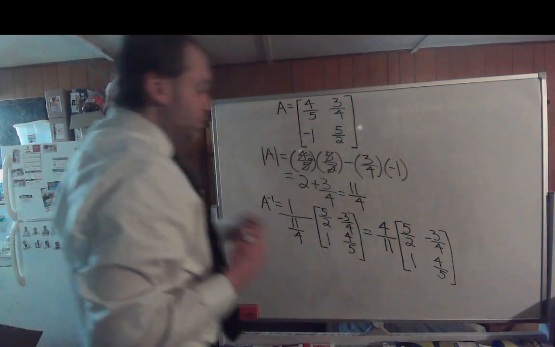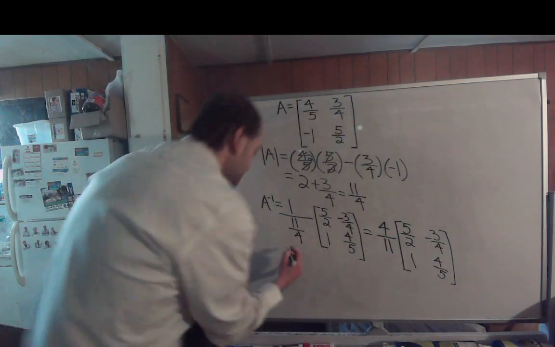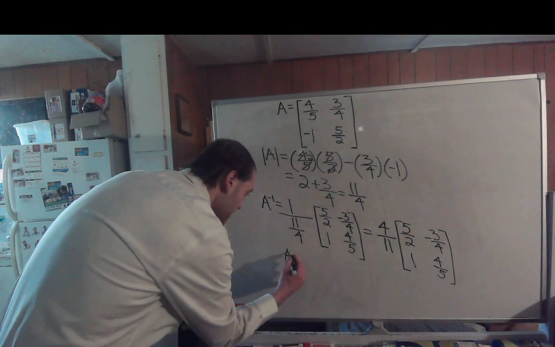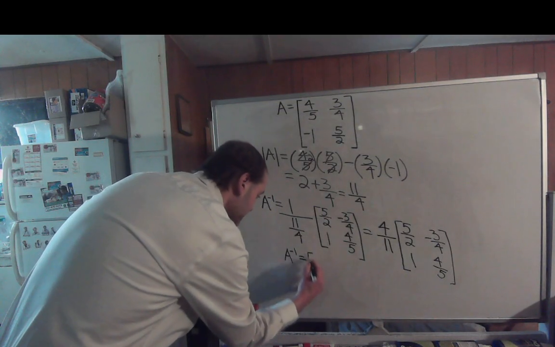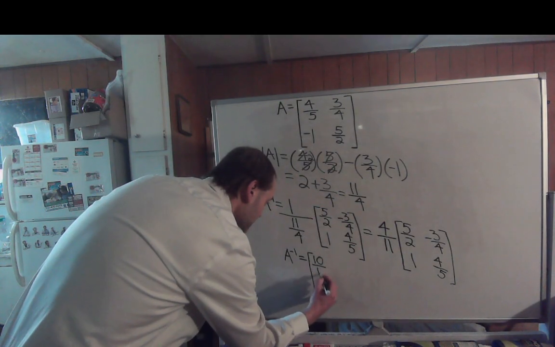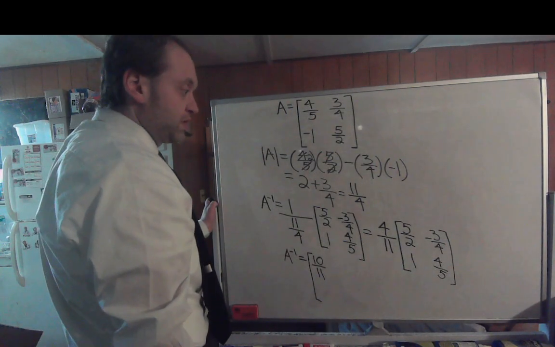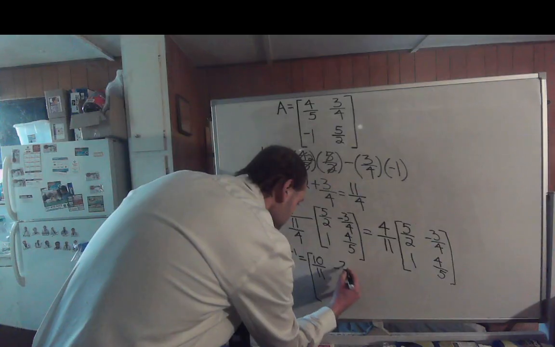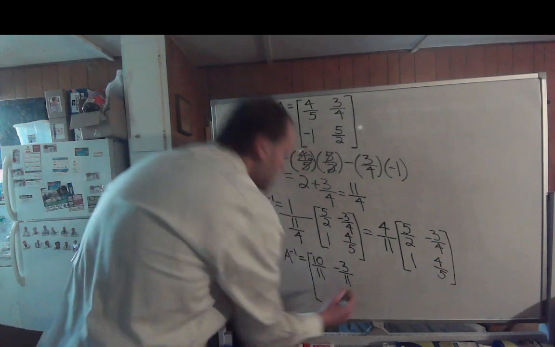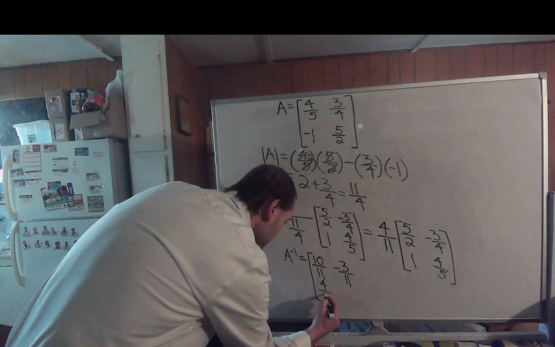Alright, so 4/11 times 5/2, that would end up being 10/11. So A inverse, first entry in that, would end up being 10/11. Alright, 4/11 times -3/4 would end up being -3/11. 4/11 times 1 is just 4/11.